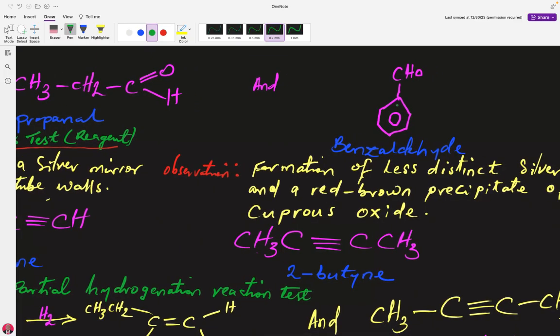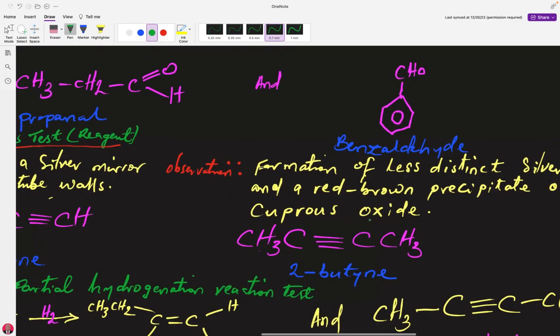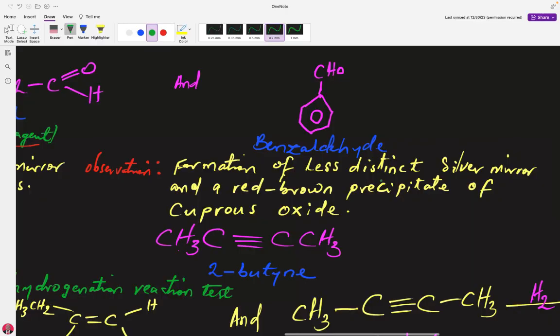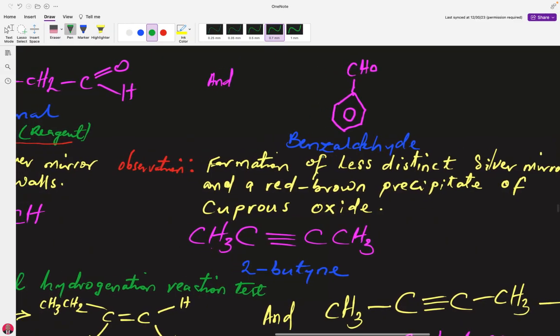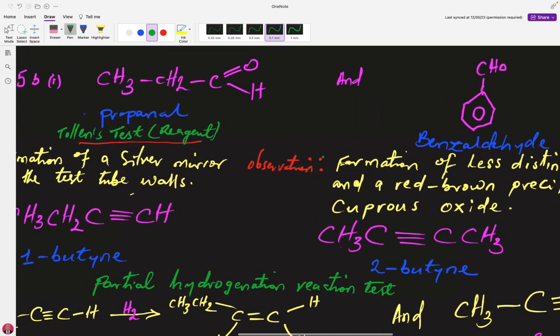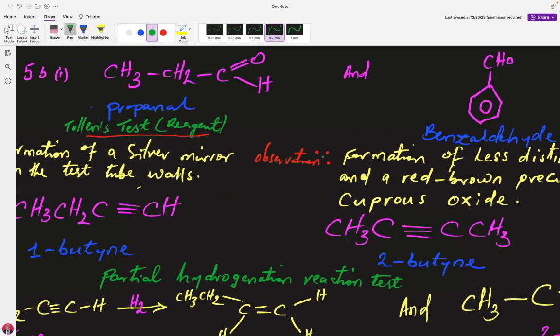So because of the resonance stability of the ring, this one is less reactive. And what happens? There's a formation of a silver mirror, quite right, but it is less distinct. A red-brown precipitate of cuprous oxide is formed in this benzaldehyde. So that is the difference between the two aldehydes: the aldehyde from an aromatic compound and the aldehyde from an alkyl compound.